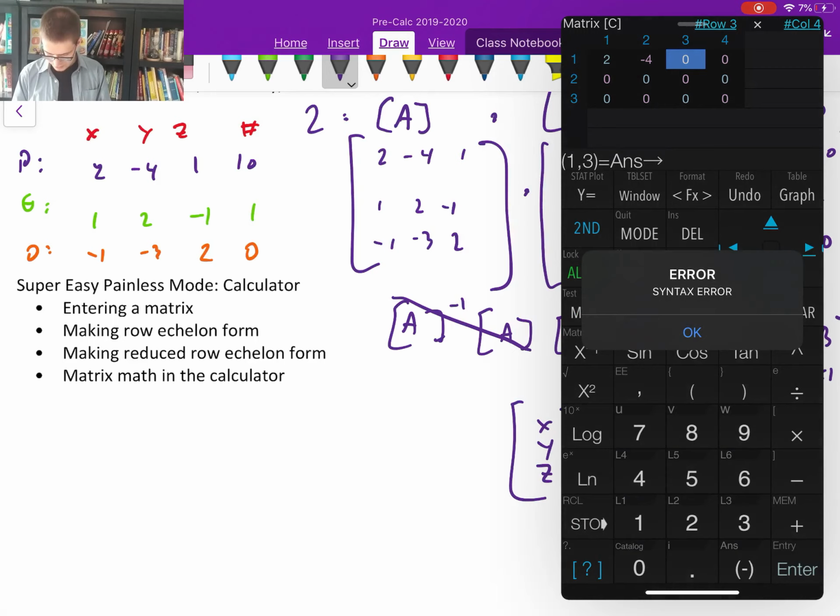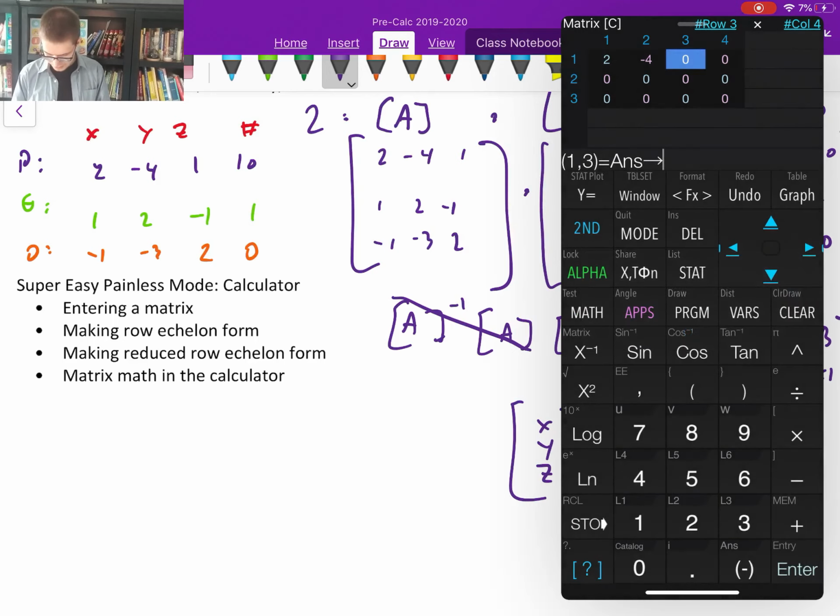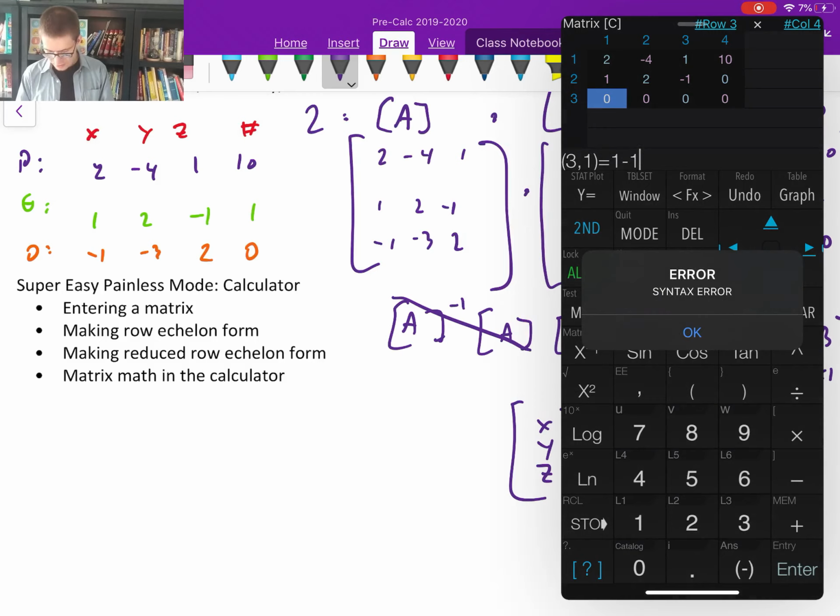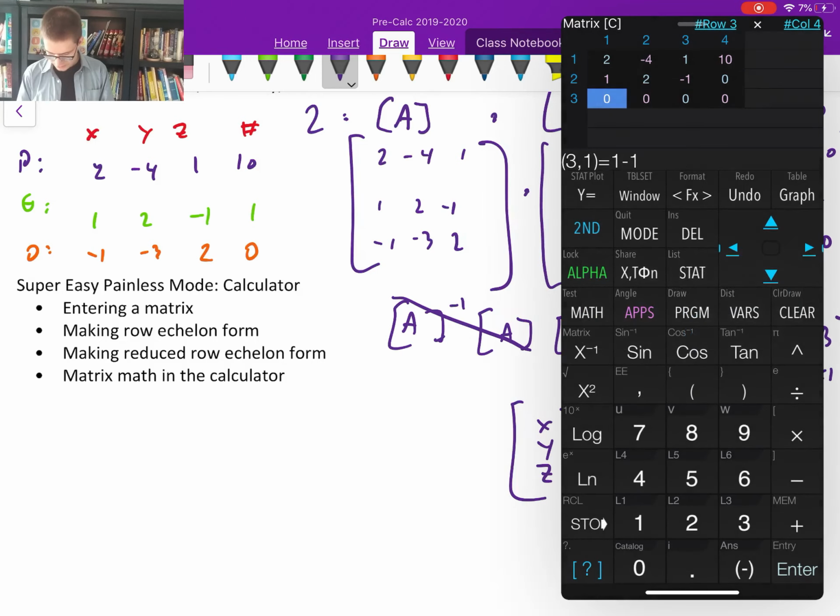Oops, let's clear that. Then we put in 1, 2, -1, 1, and then -1, -3, -3, 2, 0.